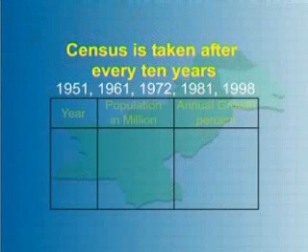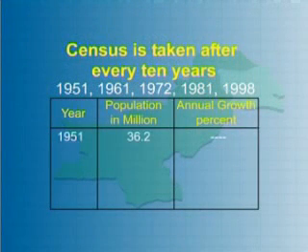The first census, as I said, was in 1951. In 1951, Pakistan's population was 36.2 million. That is 1951, 36.2 million.